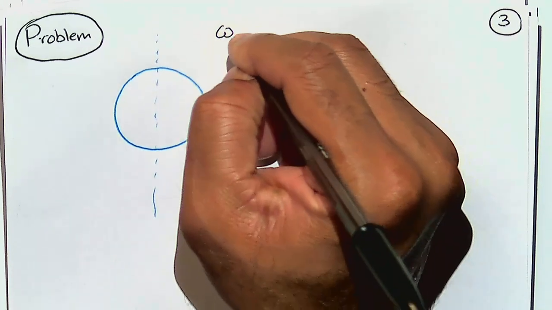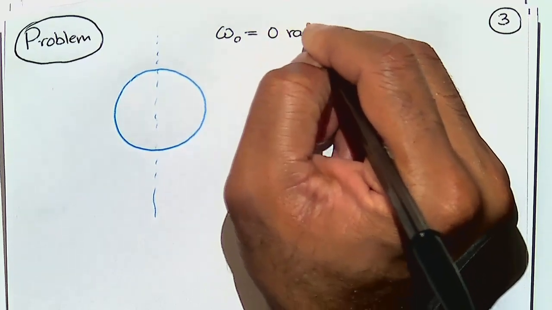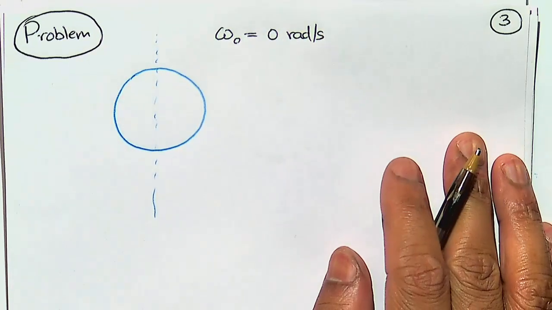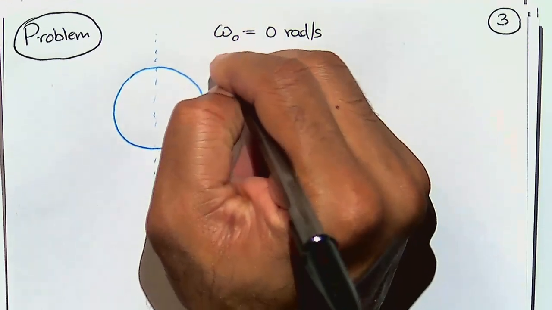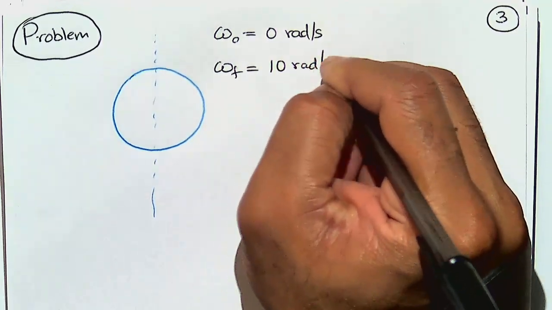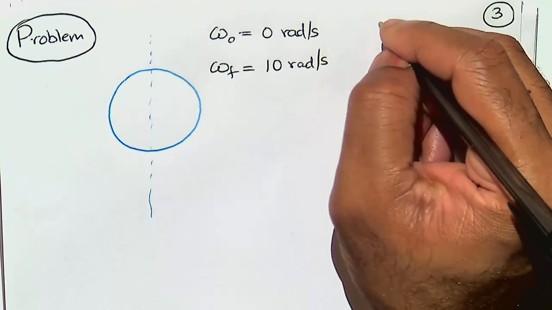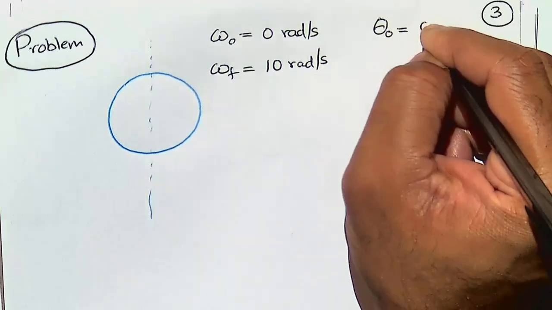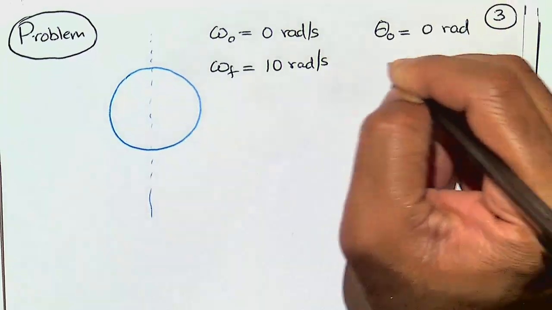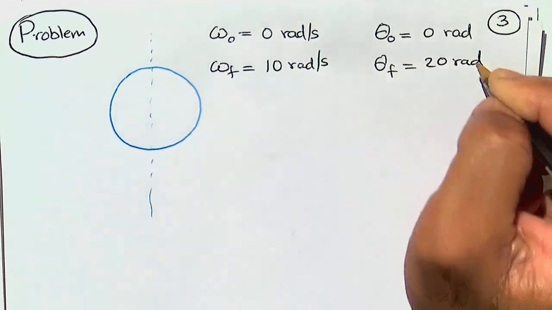We are told that the initial angular velocity is 0 radians per second. The final angular velocity is 10 radians per second. And it does this by going from an angle of 0 radians to a final angle of 20 radians.